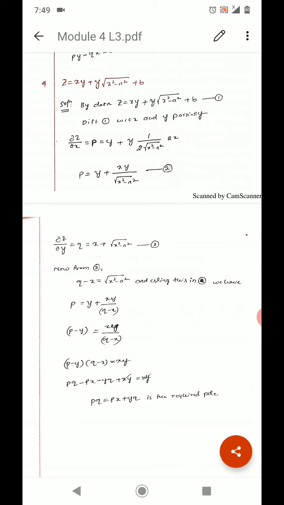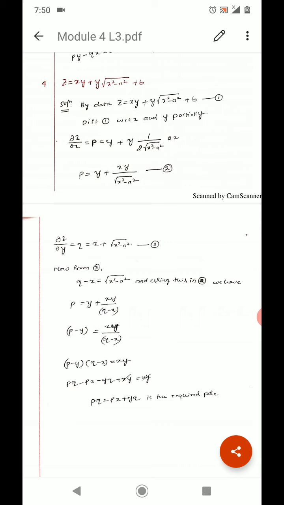Now from equation 3 we have q minus x equal to square root of x square minus a square. Here in equation 3 we shift x to left side, so that will become q minus x equal to square root of x square minus a square.